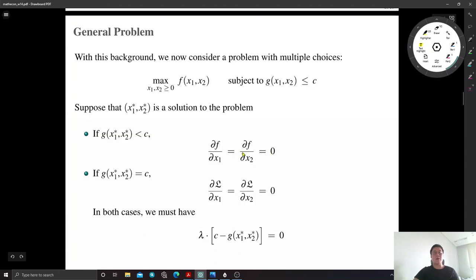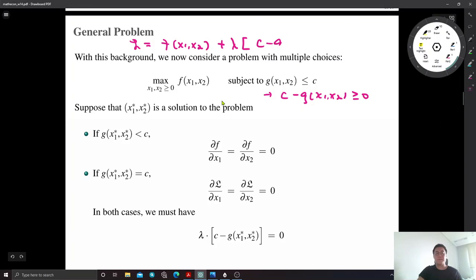And then the same condition can be obtained by setting up the Lagrangian. L is x2 plus lambda. Remember, we have to change this constraint into the form larger than or equal to 0. And think about lambda equal to 0.